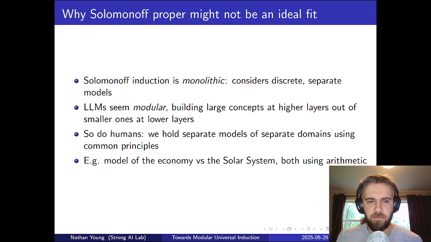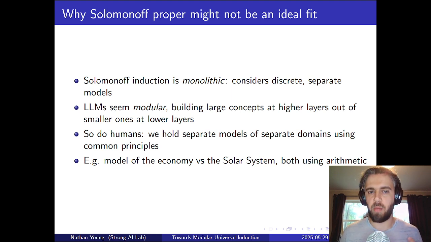I think one reason for that is that Solomonoff induction is monolithic. That is, it considers separate hypotheses. It doesn't consider any commonalities between them. Any commonalities between them do get taken into account by virtue of the fact that if there are two similar hypotheses that do well on the data, their predictions will get added together, and those predictions will probably be quite similar.